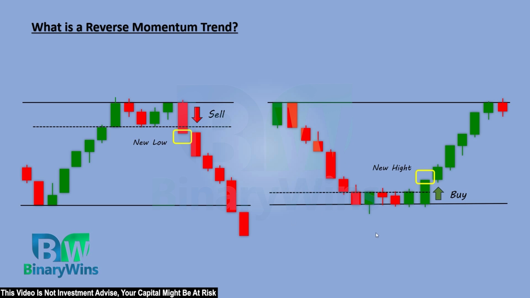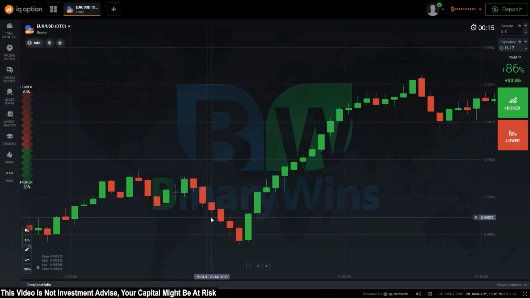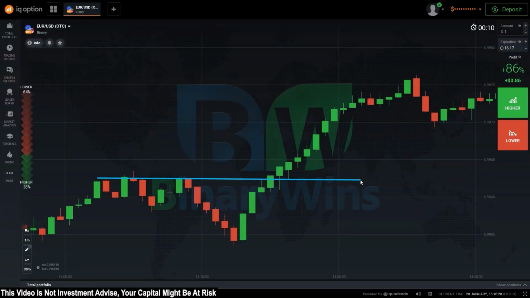Remember that in the psychology of candles, it does not make any difference what broker you are working in, whether you're in the Quotex chart, whether you're in the PocketOption, or whatever any binary broker has these rules. Look at this bearish momentum trend. Our momentum trend starts from here.